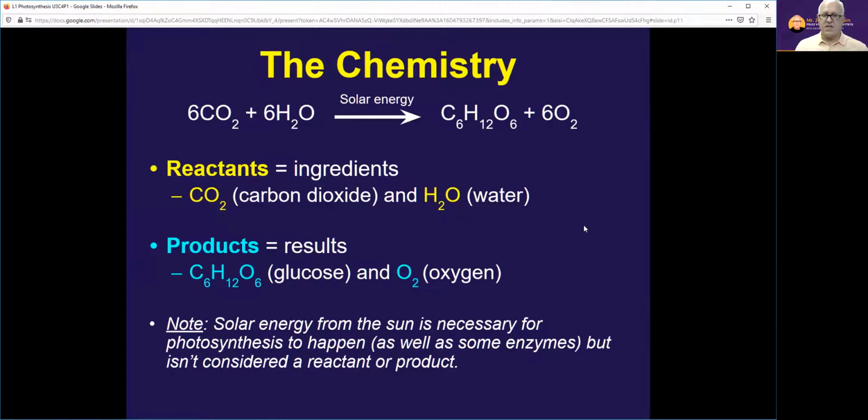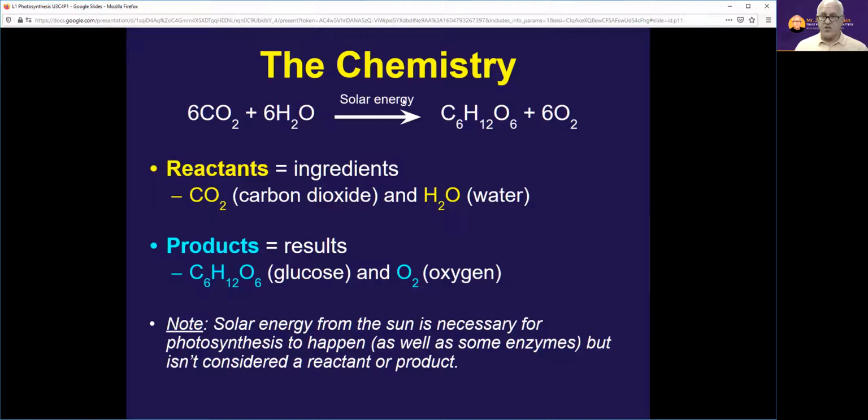Let's go back and look at the chemistry again in more detail. So we have our reactants. Those are the ingredients. The ingredients for this chemical reaction are carbon dioxide gas, that's 1 carbon and 2 oxygens, and H2O, which is 2 hydrogens and 1 oxygen, or water.